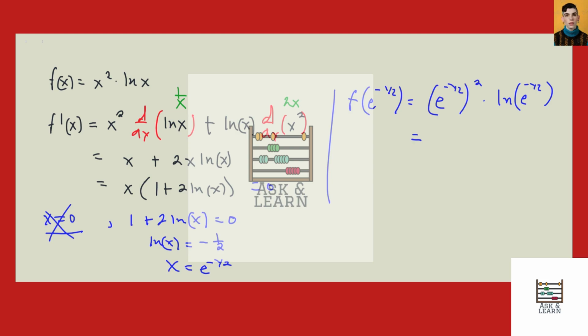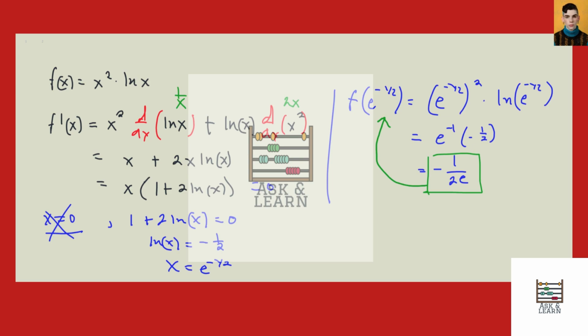So e to the negative 1/2 squared becomes e to the negative first power, and the natural log of e cancels out, leaving us with negative 1/2. So we get negative 1 over 2e. This would be our minimum value at x equal to e to the negative 1/2.